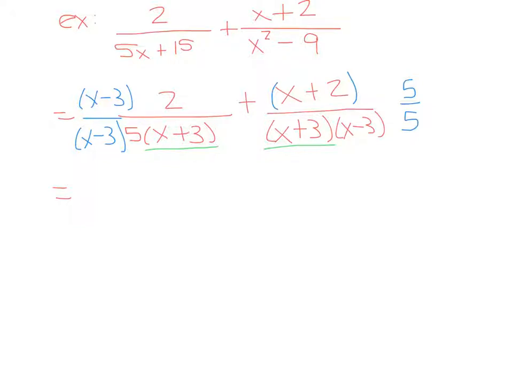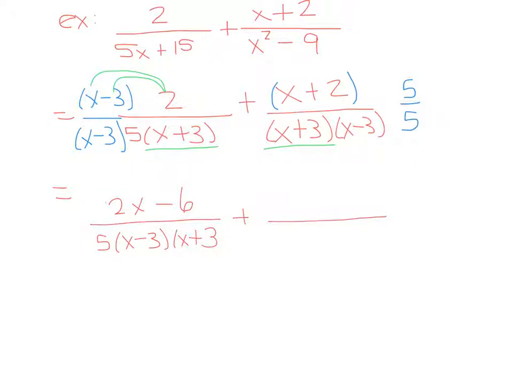Okay, we now have our common denominator, 5 times x minus 3 times x plus 3. In the numerator, let's distribute that 2. Okay, x minus 3 is multiplied by 2, so we distribute that 2, and that gives us 2x minus 6.